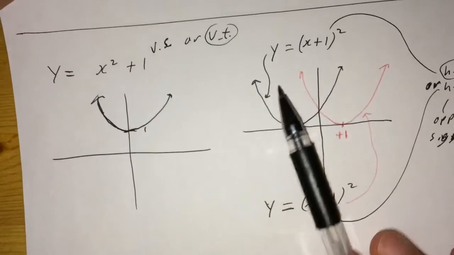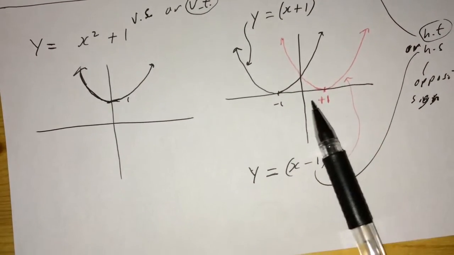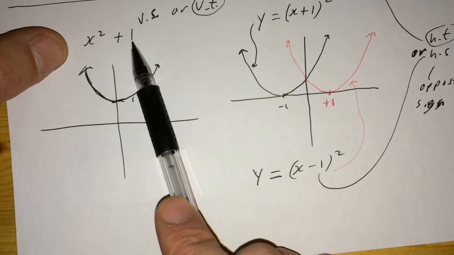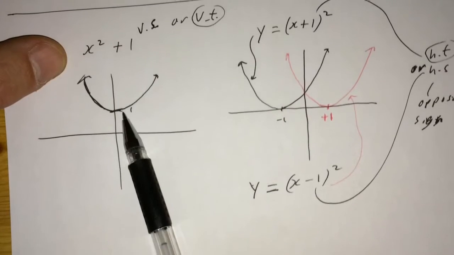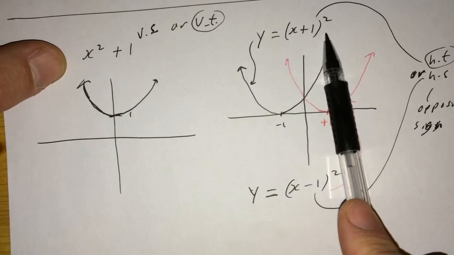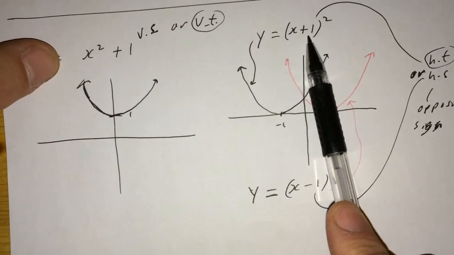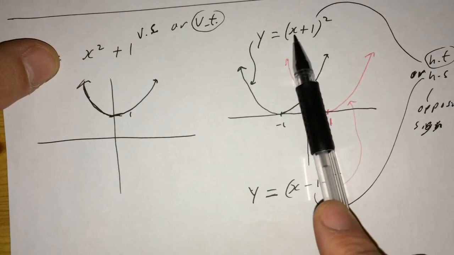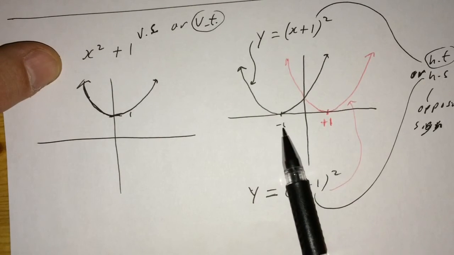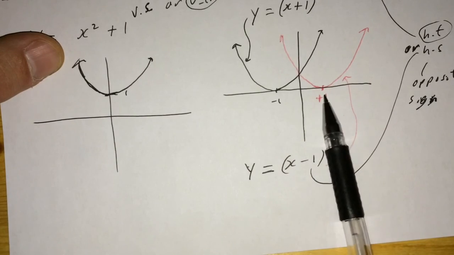In this one here, if you look at x squared plus 1, this is a vertical translation, up 1. But if you have it in brackets inside, then it has to be a horizontal translation. So (x plus 1) squared is a translation to the left 1. (x minus 1) squared is a translation to the right 1.